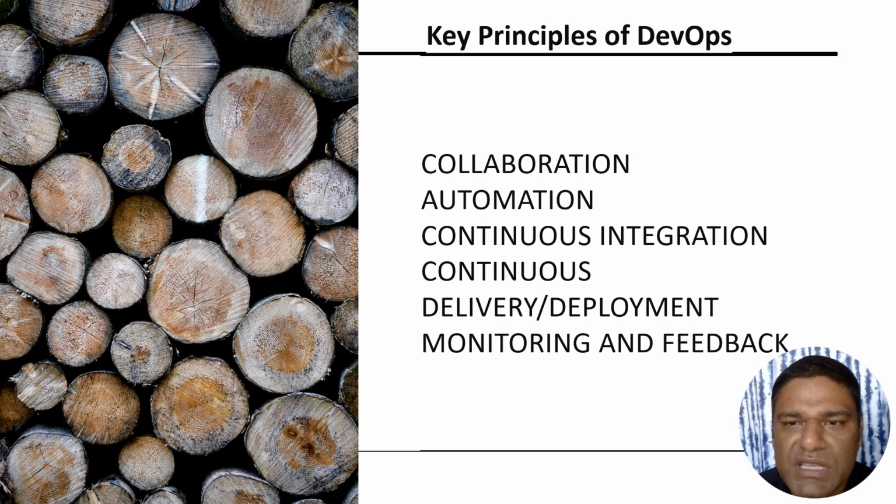So next comes the key principles of DevOps, the principles that underpin the DevOps philosophy. So they are what? Collaboration, automation, continuous integration, continuous delivery and deployment, monitoring and feedback. So collaboration is the first principle which bridges the gap between different stakeholders.